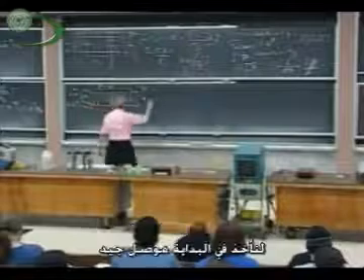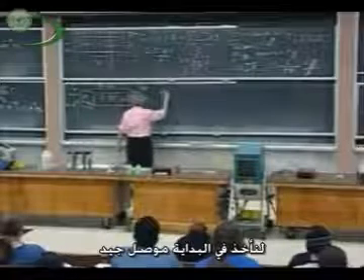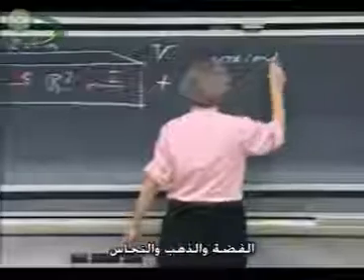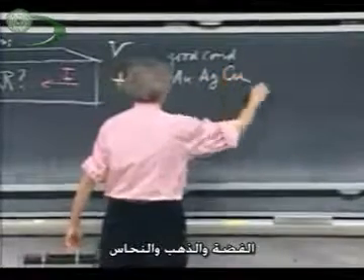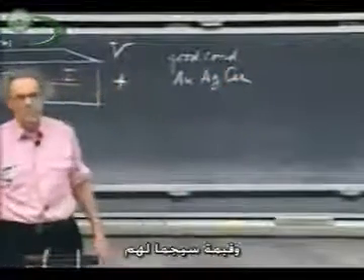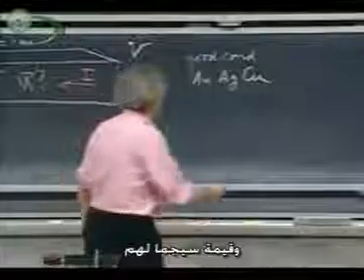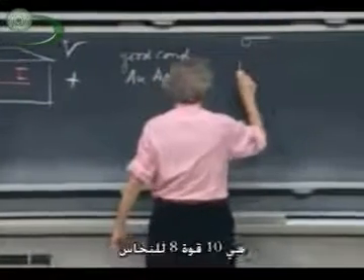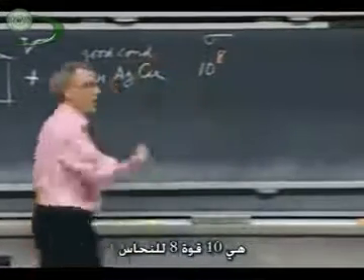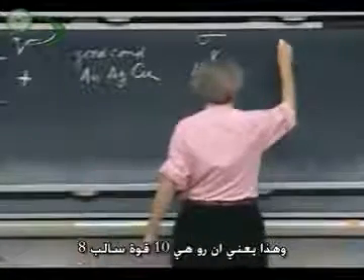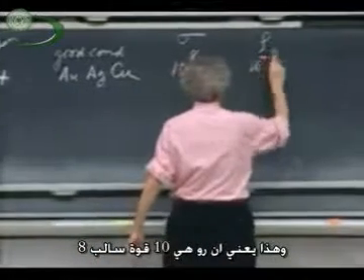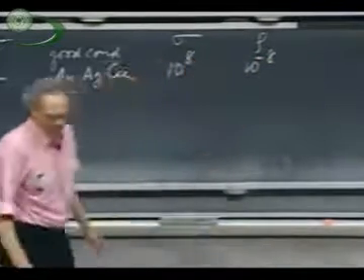So let's take first a good conductor. Silver and gold and copper are very good conductors. They would have values for sigma 10 to the 8. We just calculated for copper. You've seen it in front of your own eyes. So that means rho would be 10 to the minus 8. It's 1 over sigma.